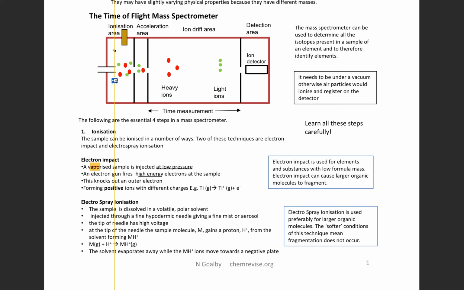What then happens is your electron gun fires high energy electrons at your sample.